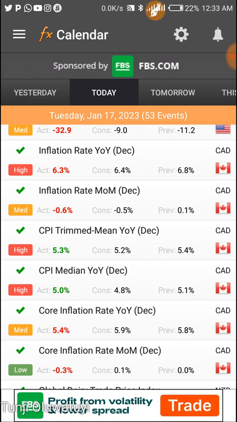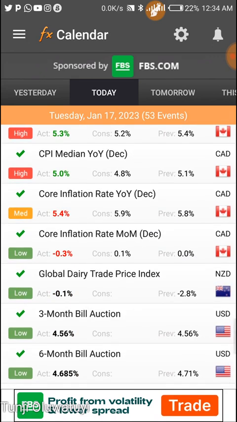So you don't want to be on their wrong side when they're making such trading decisions based on the fundamentals, such as what we are looking at right now.